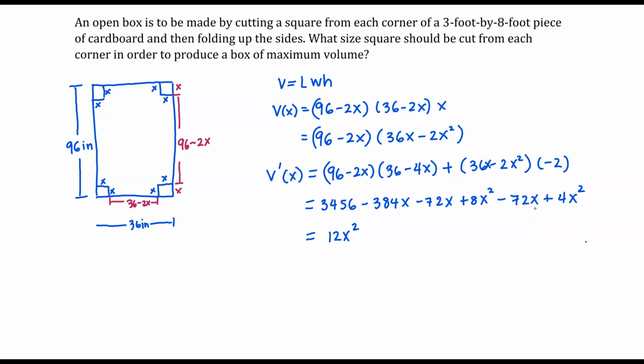Using your calculator, that is equal to negative 528x. And then copy plus 3,456. Then you solve for the critical number by equating this expression to 0.